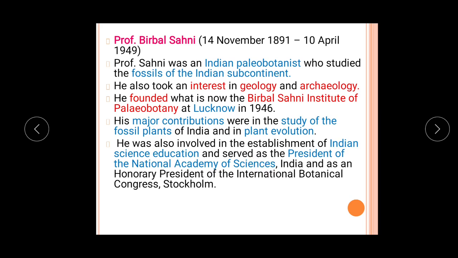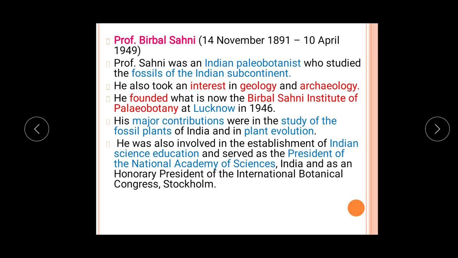He also served as the honorary president of the International Botanical Congress, Stockholm. So these are the highlighting points of Professor Birbal Sahni.